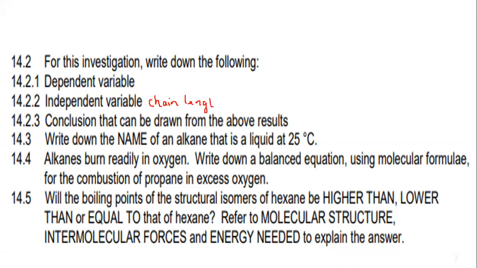Another learner could have said it is the surface area. So the variable that the experimenter is changing, that is what we call your independent variable. Then we get to the dependent variable. It's called dependent. Why?